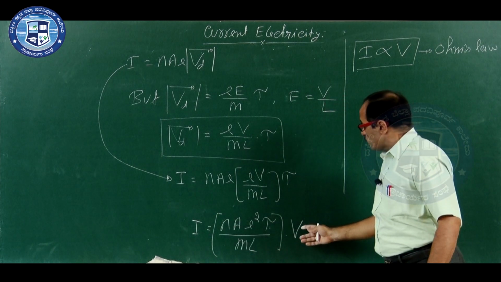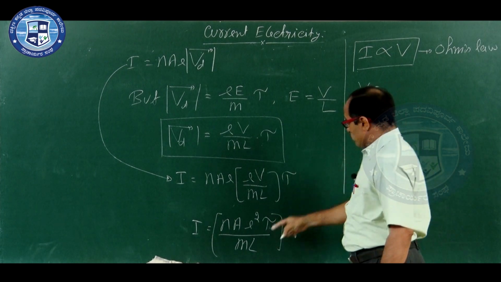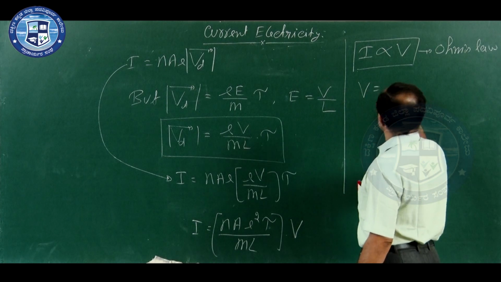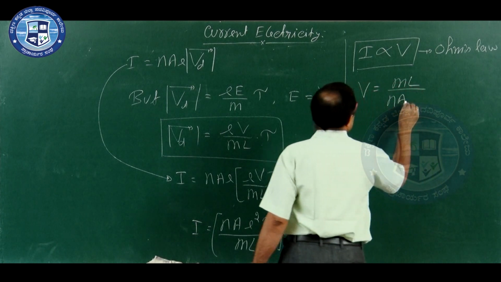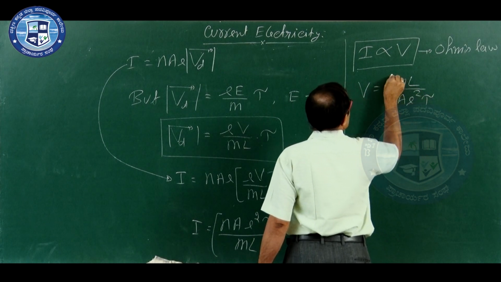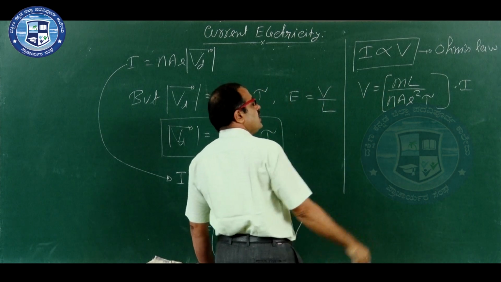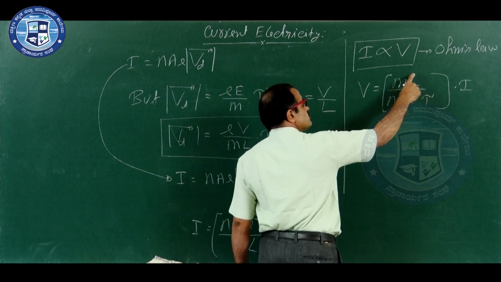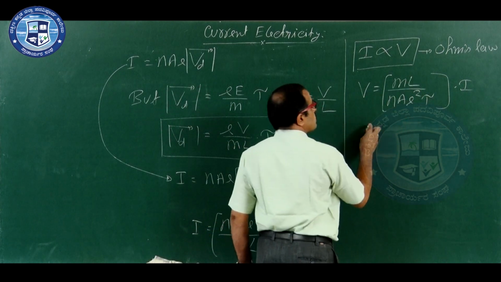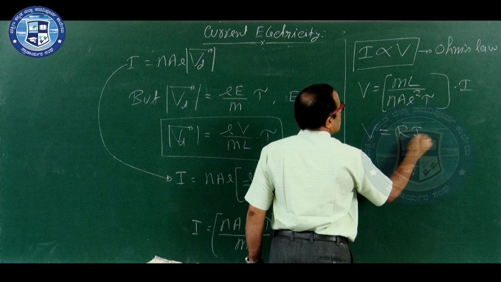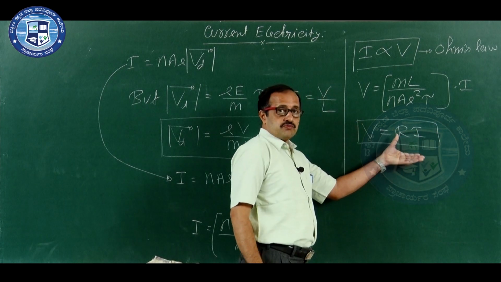We can write the equation for V by simplifying this one. So, V is equal to, if you cross multiply, m L divided by n A e square tau into I. Again, all these terms are constant, so in this formula also it is constant, we can write it as R I. It is the mathematical form of Ohm's law.